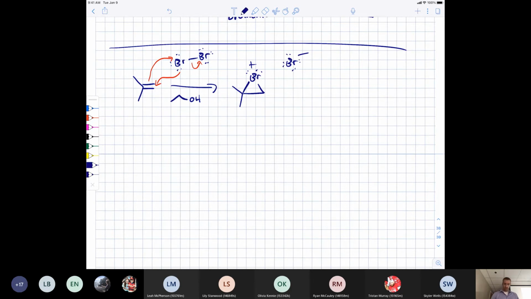That Br floats away. And we have ethanol as our solvent. We know ethanol can be a nucleophile, can't it? So we can come in and attack.